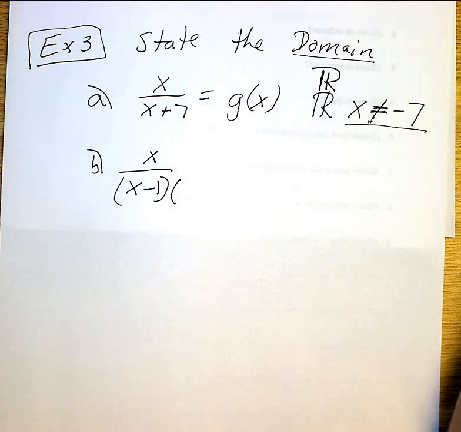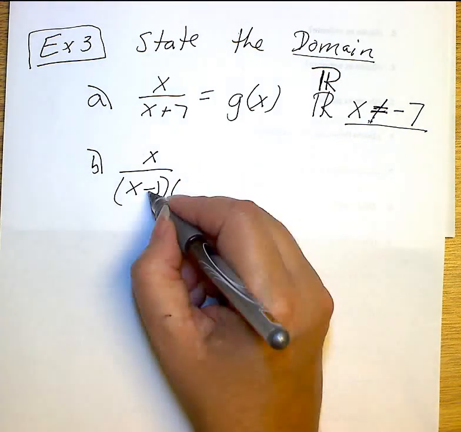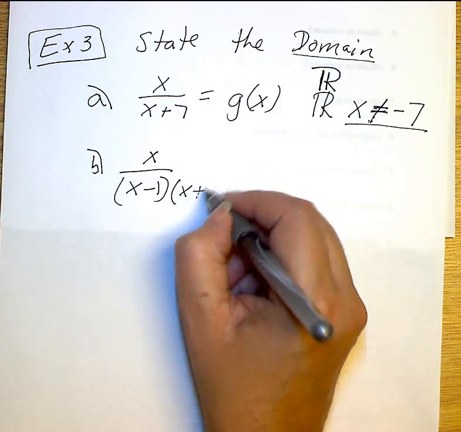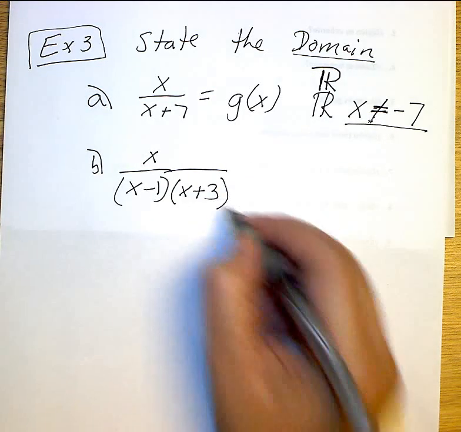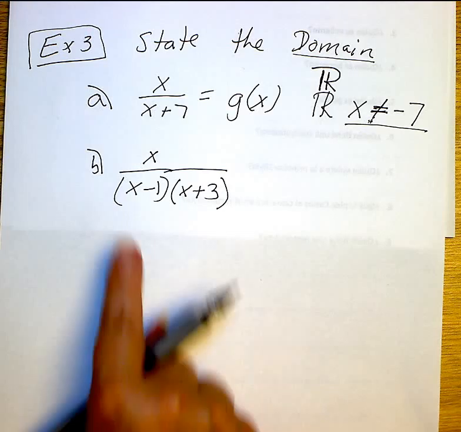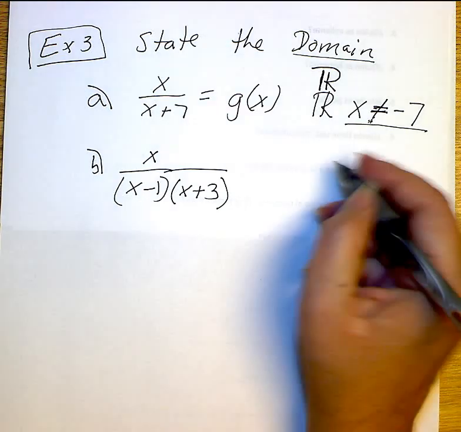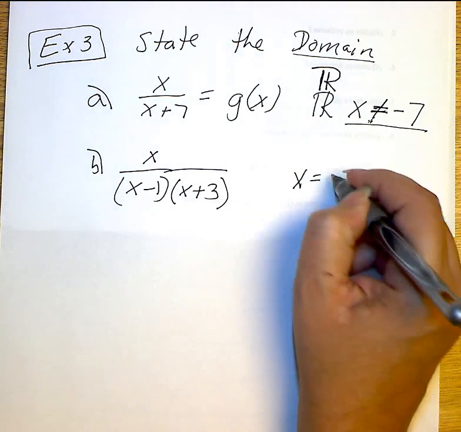So if we have x minus 1 and then x plus 3, what would make this 0? There's 2 numbers that would make this 0. What would make the first one 0? A 1. So that means x cannot equal 1.